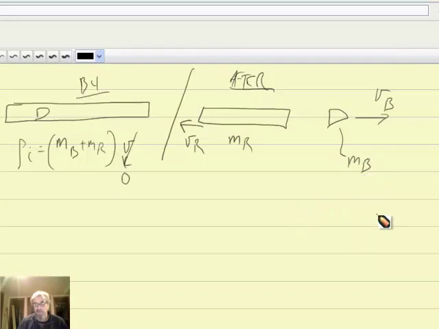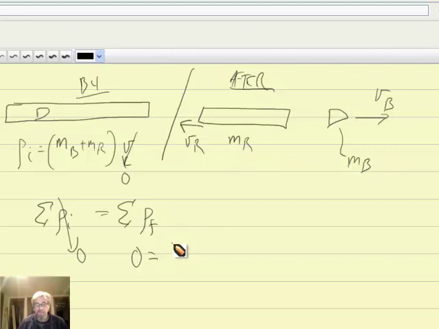Well, no matter what the situation, we know that momentum has to be conserved. And so we can say that the sum of the initial momenta equals the sum of the final momenta. Well, the initial momentum is just zero in this case. So that means zero equals the sum of the momenta of the rifle and the bullet.